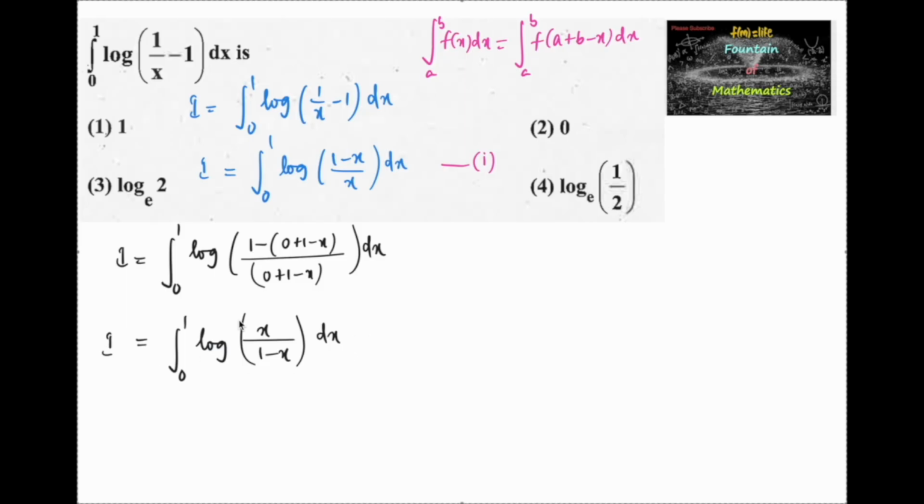Let us consider this as 2. Now adding 1 and 2, we get 2I is equal to integral 0 to 1, both having the same limits, we can take directly log of (1 minus x) upon x plus log of x upon (1 minus x) dx.